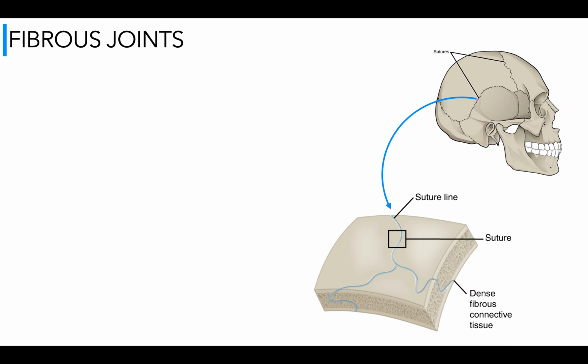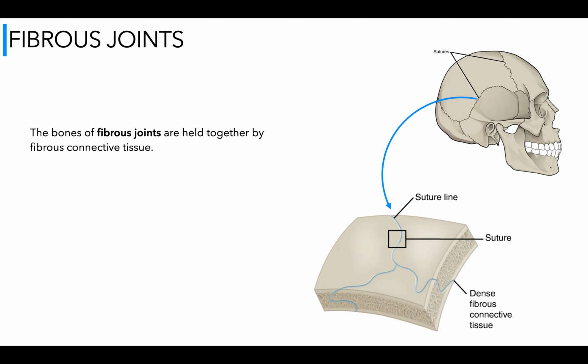So let's start with fibrous joints, and if we focus on the cranium, you'll see we have something called sutures. These fibrous joints, such as the sutures, are held together by fibrous connective tissue, a ligament, bone to bone.